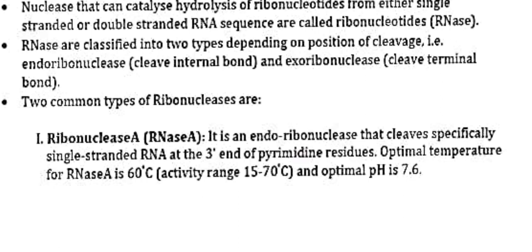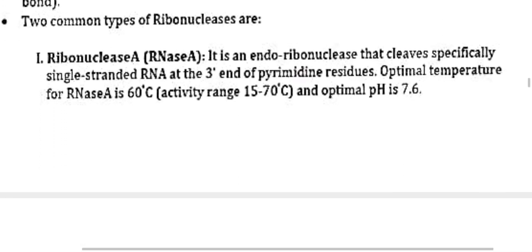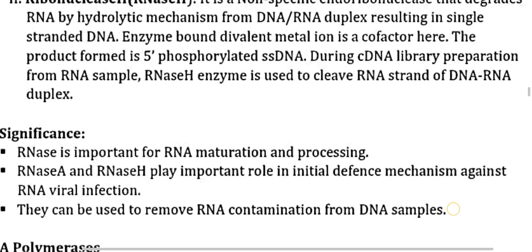Optimal temperature for RNase A is 60 degrees, activity range 15 to 70 degrees, and optimal pH 7.6.